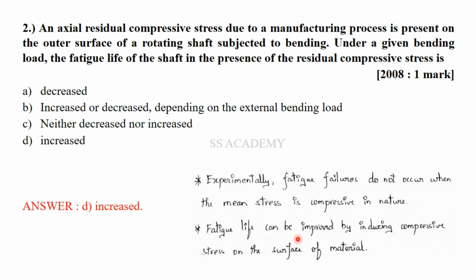This is a well-known fact in manufacturing technology. So you must remember that fatigue life always gets increased by inducing a compressive stress on the surface of the material. So axial residual compressive stress is a positive phenomenon. So increased is the right answer.